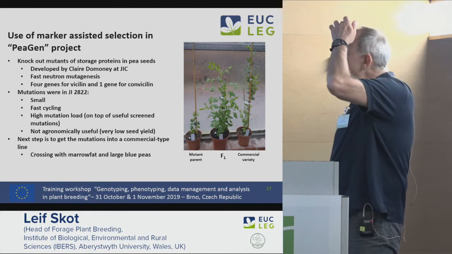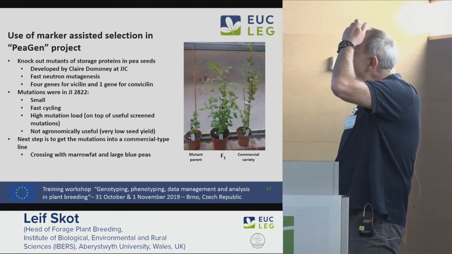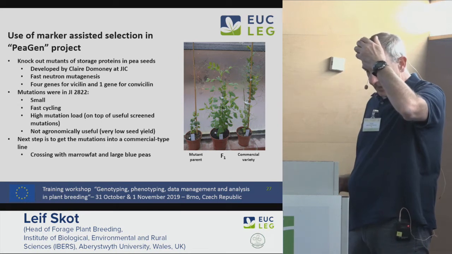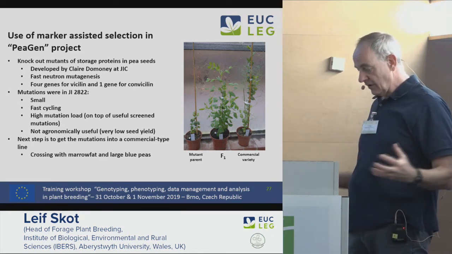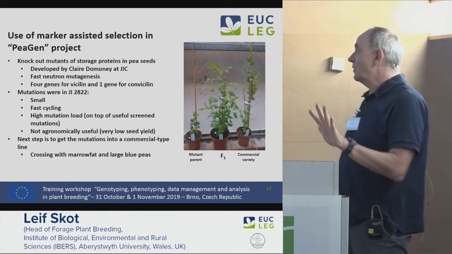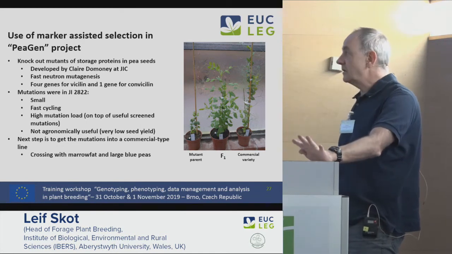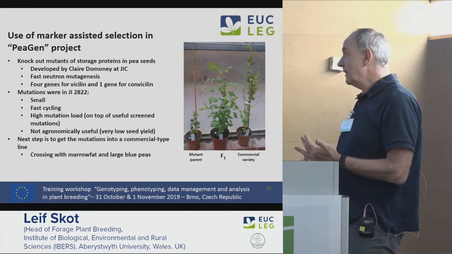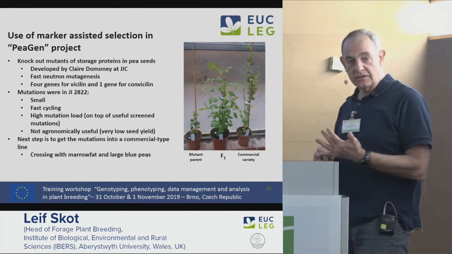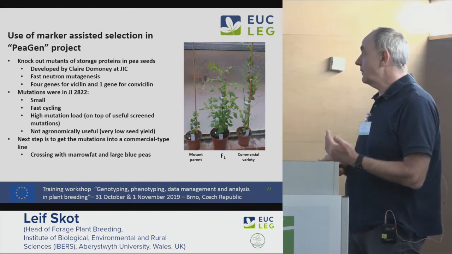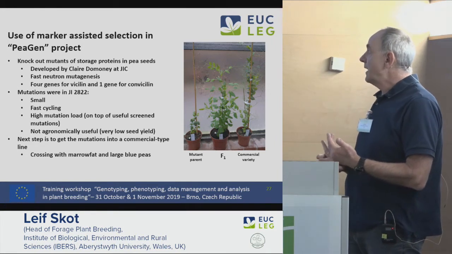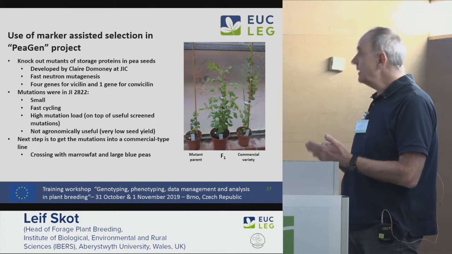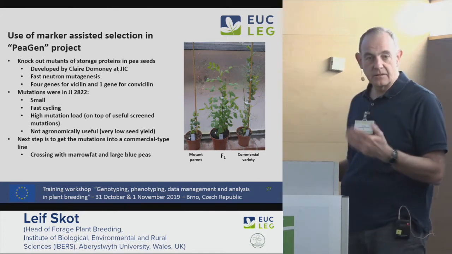Now they are trying to create a new line where they have accumulated a total of 5 mutants that are mutated for vicilin A. So these are seed proteins as far as I understand it. You can correct me if I'm wrong, David. Seed proteins, so vicilin A, B, C, and D, and then convicilin something.